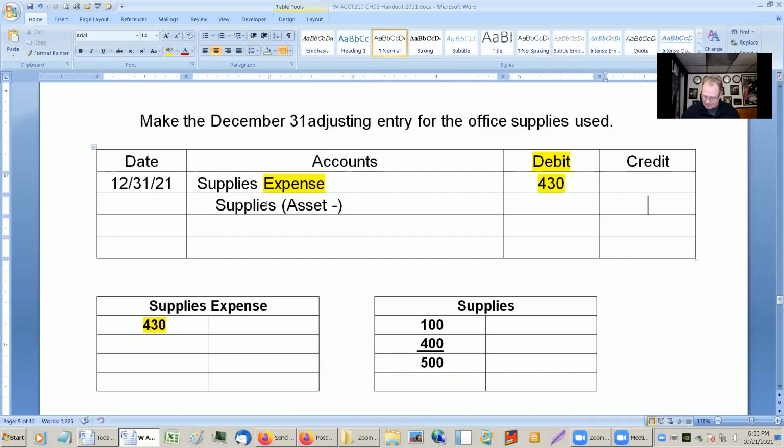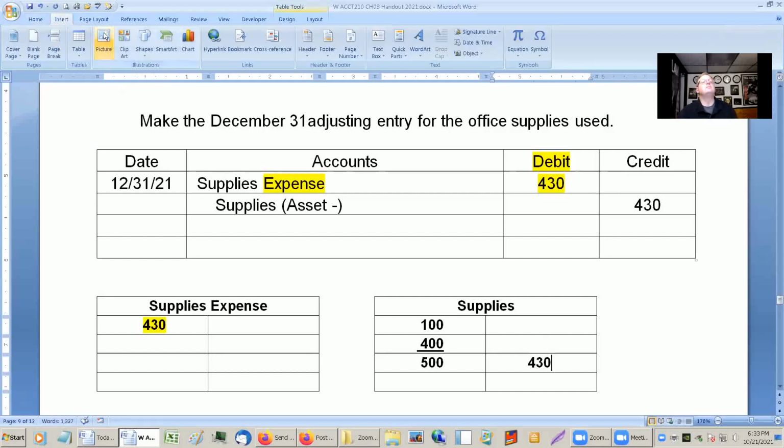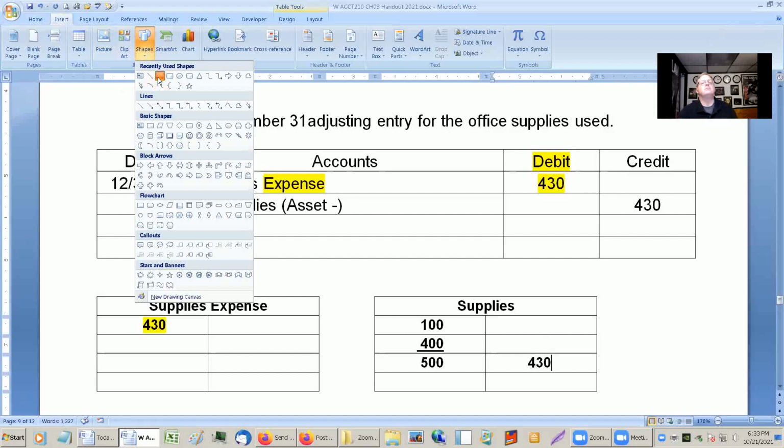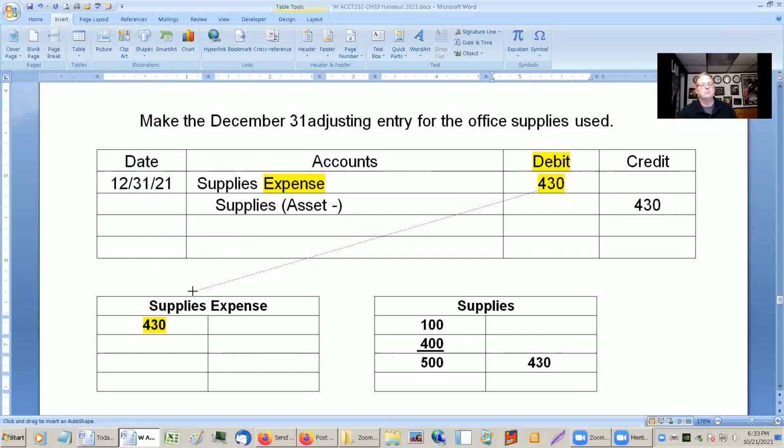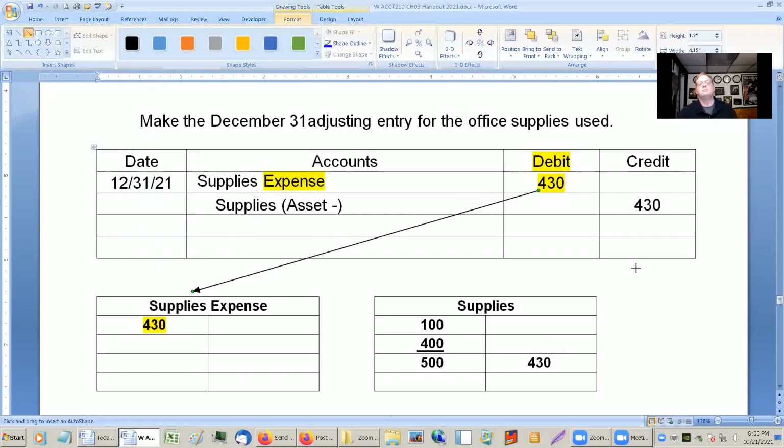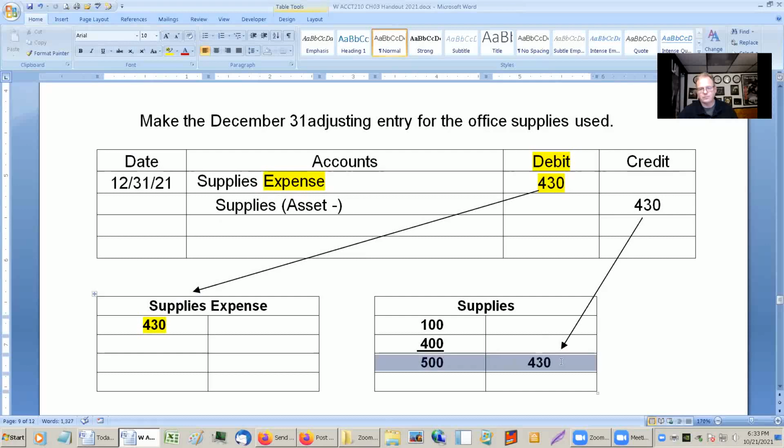You knew whatever this account was going to be, it had to be credited, but it's credited because it's an asset going down. And like we did in chapter 4, we say, okay, 500 on one side, 430. So what's left over is 70.